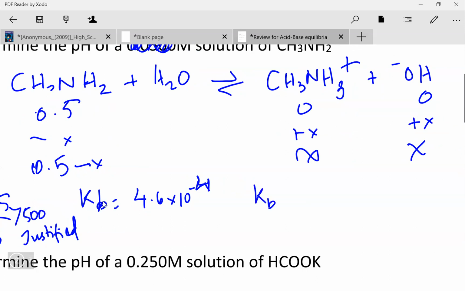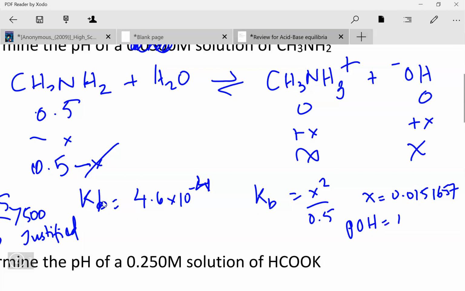So Kb here, I can cancel off this negative x, is x squared divided by 0.5. And so I take my Kb value, 4.6 times 10 to the negative 4, times that by 0.5, take the square root. I get x equals 0.0151657 something. Take the negative log of that to get my pOH, 1.819.